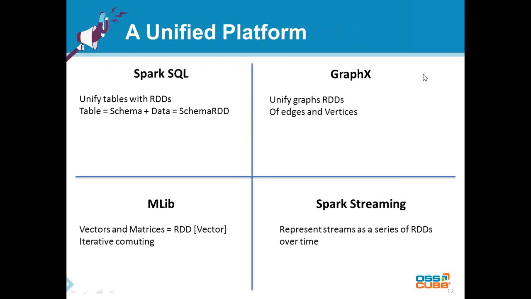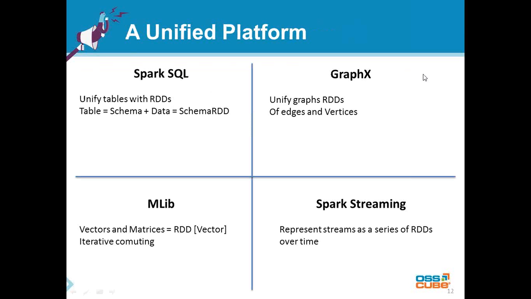Like I said, it can do different kinds of processing just out of the box. SQL is one thing, graph processing is another, machine learning is another, and then streaming processing as well. So it has a different set of RDDs which can handle these kinds of data sets and take them through the RDD transformations as you go through your processing steps.